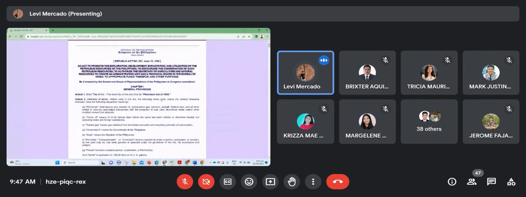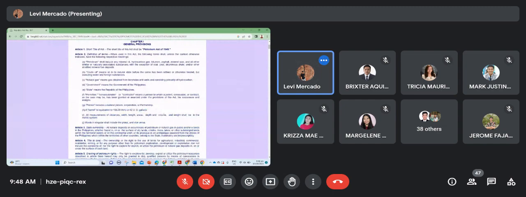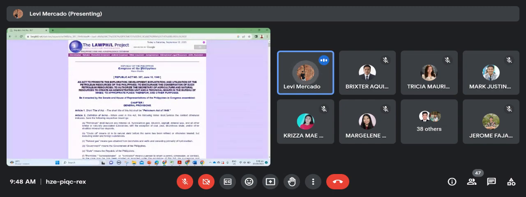Dito makikita natin ang detailed and specific definitions in every chapter. Sa kada article makikita nyo ang definition of terms. Ano yung petroleum, ano yung crude oil, ano yung natural gas, ano yung government, state, permittee, person, barrel. Nandito. So ito ay ginawa pa noong 1949.